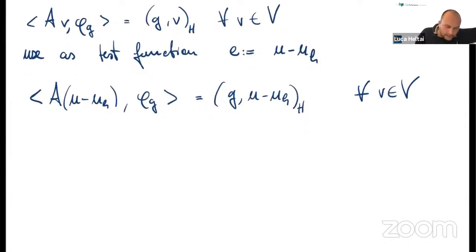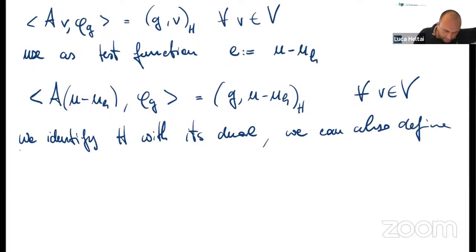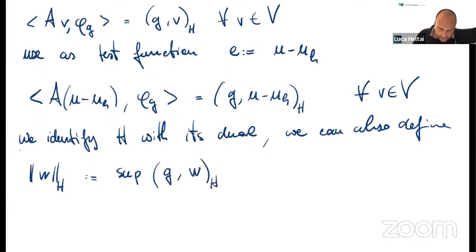And then the idea here is that, since we identify H with its dual, we can also define the norm of W in H as the supremum of the scalar product G, W in H over all G in capital H divided by the norm of G. By definition, simply because the dual space is identified with the space itself, and you can identify the two norms in this way.